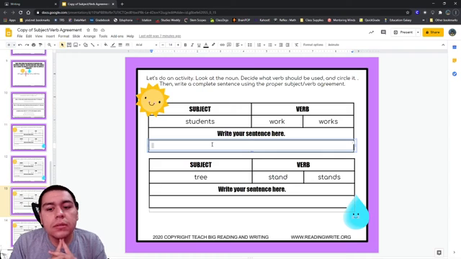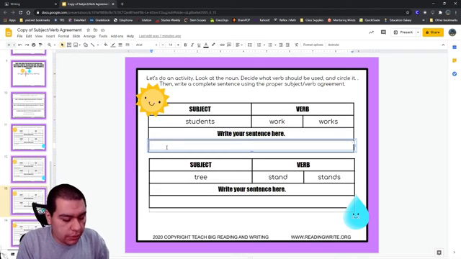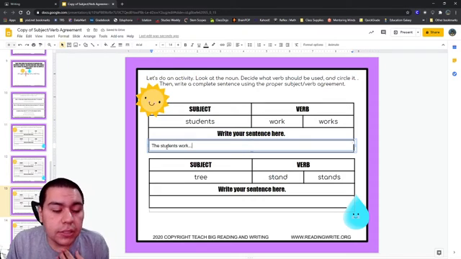You should pick the students are working on the not finished homework. Okay, so I would want to use the verb work. So the students, I click here. The students work, and then we said on their homework. That'd be a good way to end the sentence.